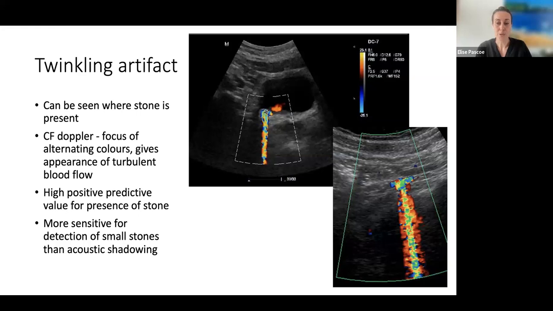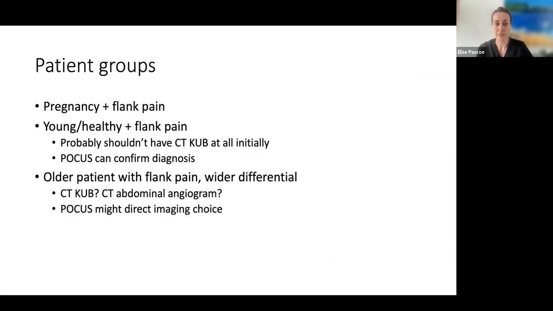And if you do see this twinkling artifact, apparently it's highly predictive of the presence of a stone, and it's much more sensitive for small stones than acoustic shadowing is. So looking for that particularly around the bladder as well.